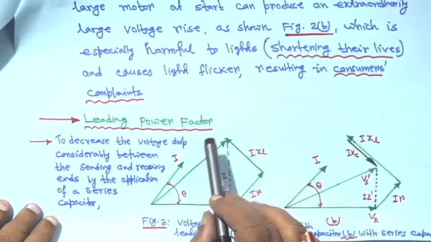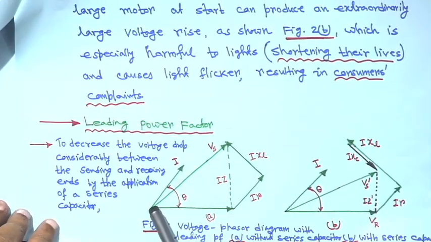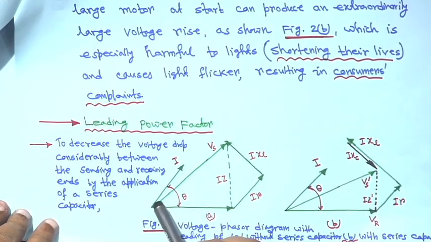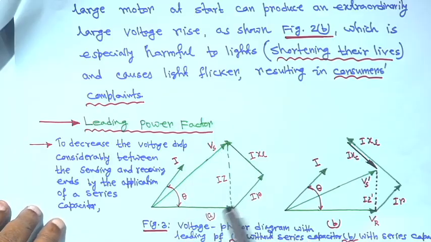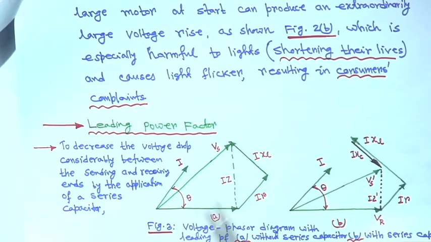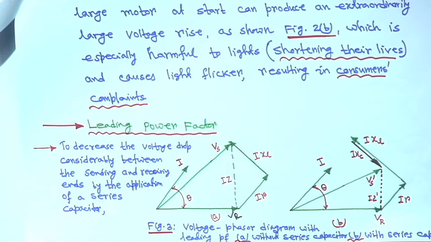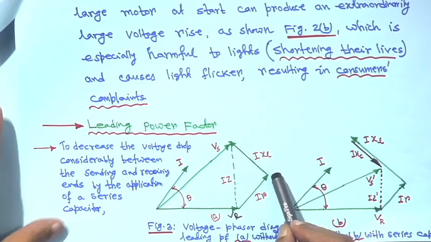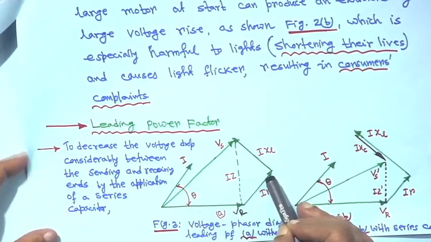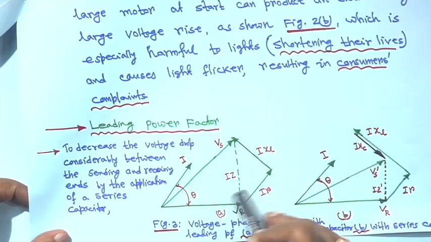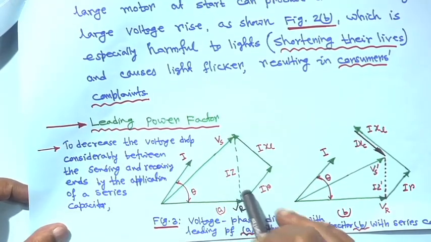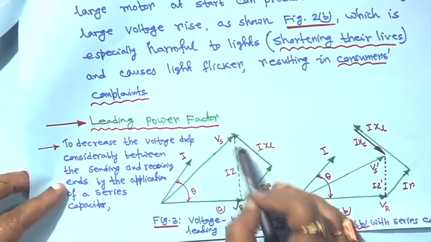Then the leading power factor case. When the power factor is leading, this is your current phasor, this is VR, I forgot to mention, and this is your IR, because the current is leading. So, IR, IXL, and this is never 90 degrees, because of my drawing it shows like this, but it may be anything.